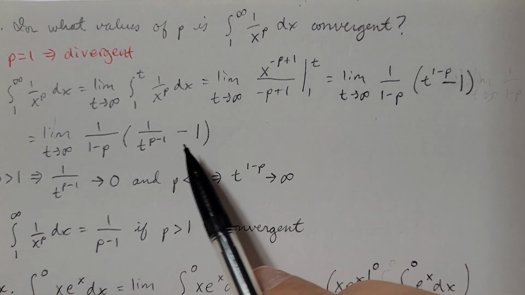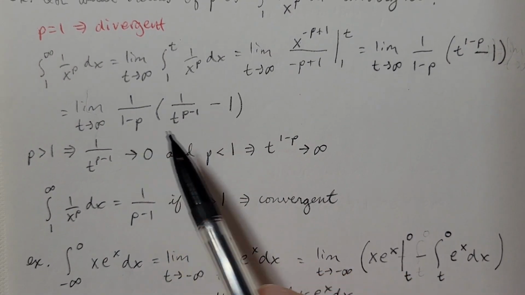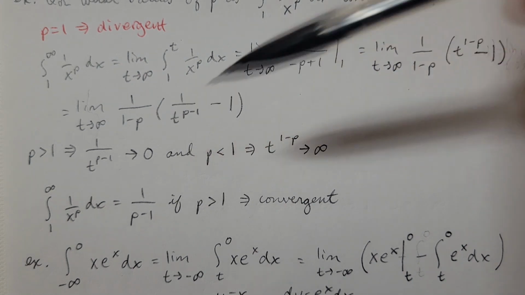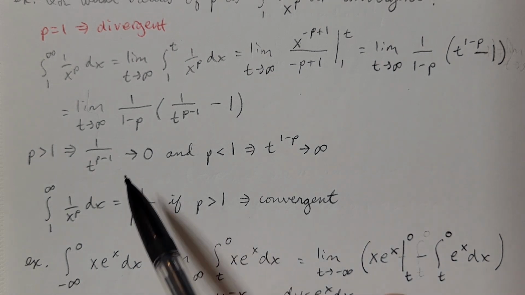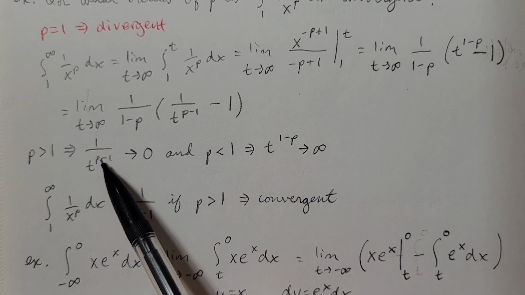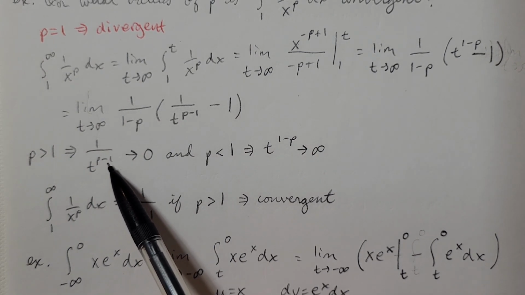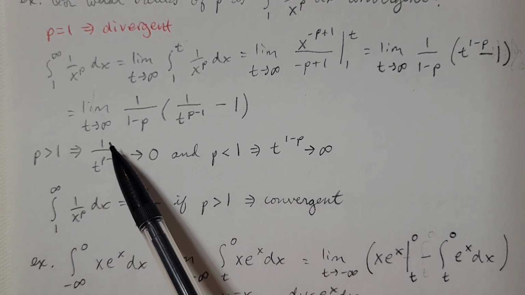Okay. Now, the reason I did that is because it's easier for me to compute this limit here. For example, if p is some number bigger than 1, like if p is 2, then I've got 1 divided by t, which is going to approach 0, right? Because the denominator is growing without bound as the numerator just sits at 1.